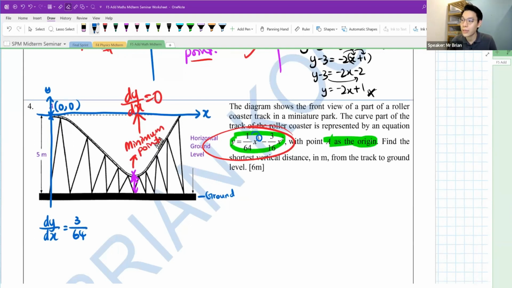Power 3 times 1 over 64. And then the power minus 1. Same thing, the power 2 I times, I'll get negative 3 over 8. Use calculator if you need to. And then the power minus by 1. Okay, and then now we are going to find out what x is when dy/dx equals 0.